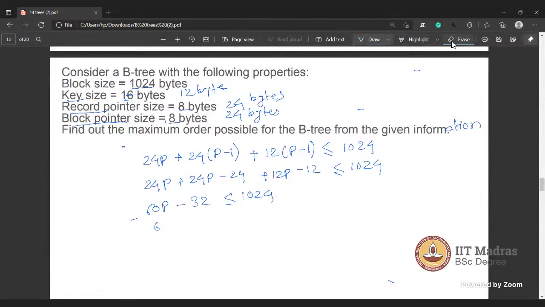Oh, sorry. 60p is less than or equal to 1024 plus 36. What is the sum? So it's 1060. So p is less than or equal to the floor value of 1060 divided by 60. So what is the answer? 17. Okay, 17. So everyone got it? How to solve this type of numerical?